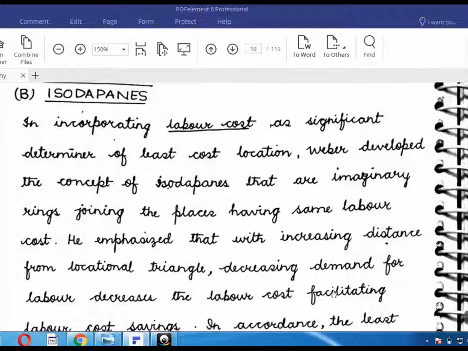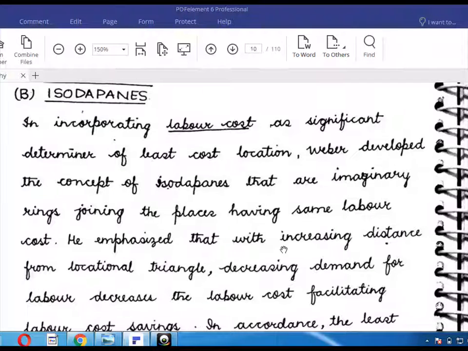Isodapanes incorporate labor cost as a significant determiner of least cost location. Weber developed the concept of isodapanes, which are imaginary rings joining places of equal additional transportation cost.